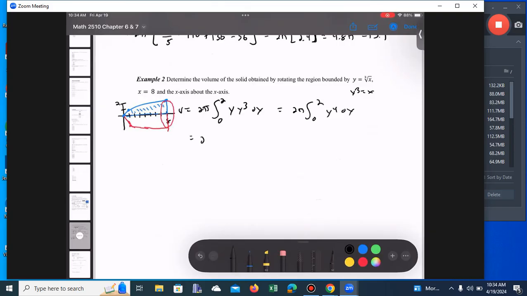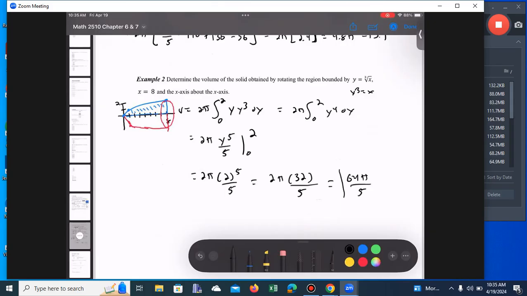That becomes 2 pi y to the 5th over 5, integrated from 0 to 2. 0 is not going to do anything. It's just going to be 0, so we don't have to worry about the bottom limit. We get 2 pi times 2 to the 5th over 5, which is 2 pi times 32 over 5, which is 64 pi over 5.